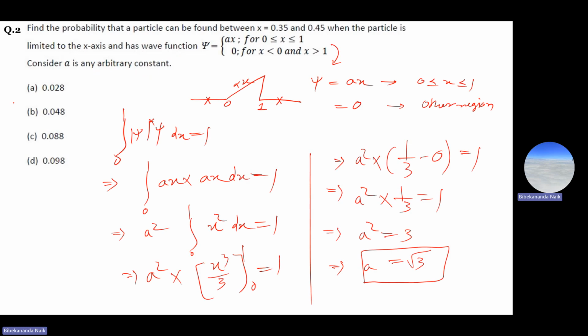Now the wave function will be psi equals root 3x when x is from 0 to 1, and it is 0 in other regions. Now we need to find the probability. For probability, we again integrate within the given limits, from 0.35 to 0.45.